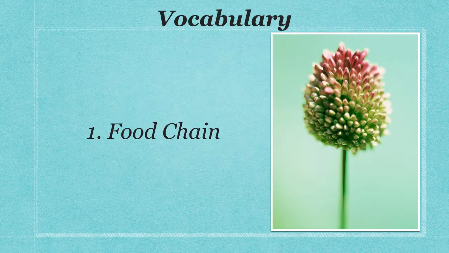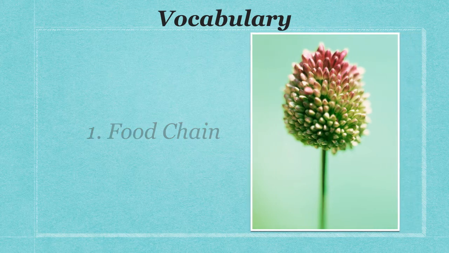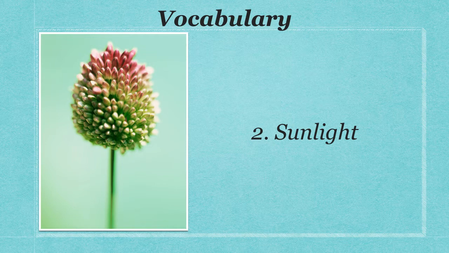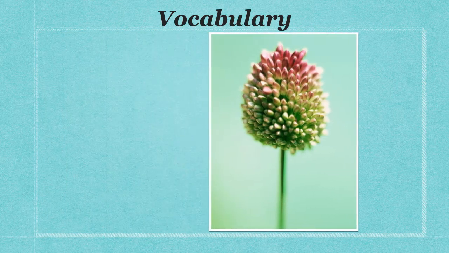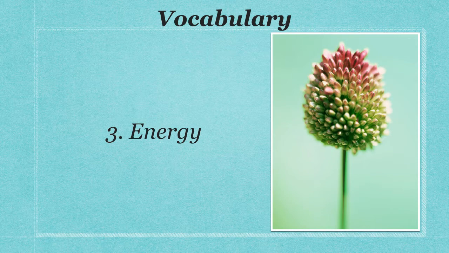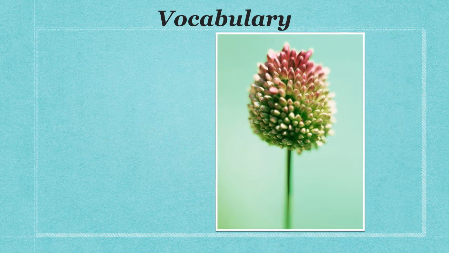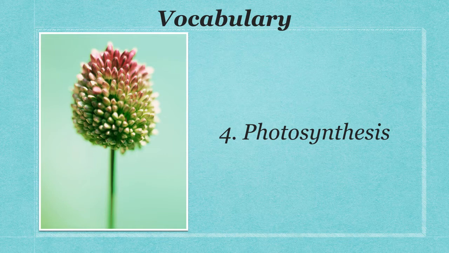Number 1, food chain. Number 2, we have sunlight. 3, we have energy. 4, photosynthesis. We will discuss more about photosynthesis later on.